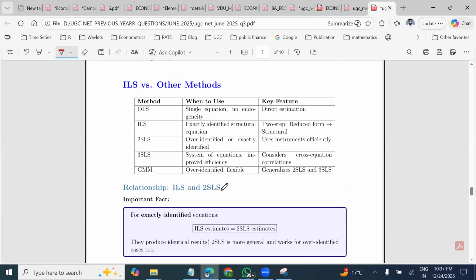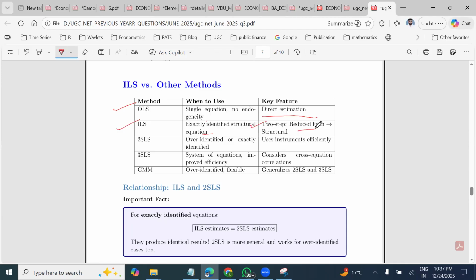Now what is important over here is that there are different methods. The OLS method is used for a single equation with no endogeneity problem, and we can directly estimate. But in the indirect least squares method, you need an exactly identified structural equation, and you have to estimate in 2 steps.